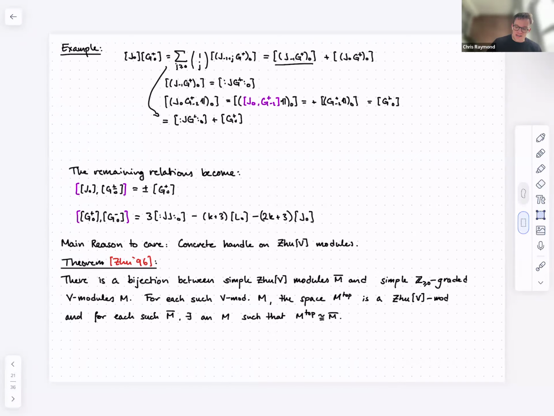All right, so if there are any questions, the next slide involves a bit of a change of tack. But the takeaway of all of this is that we have some nice way of calculating these algebras, and these algebras and their representation theory are very intimately linked to the representation theory of the vertex operator algebra itself. And I think it's fair to say much easier to deal with than VOA modules, right? Anyone who's spent time studying VOA modules knows that they are notoriously slippery.